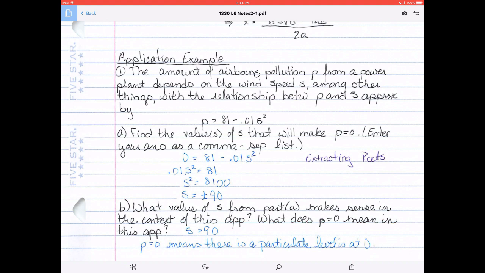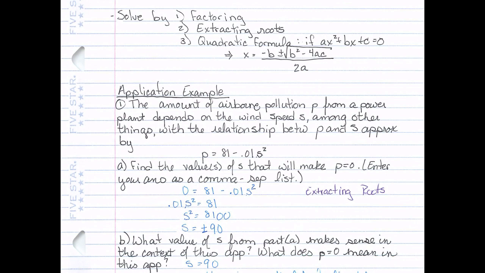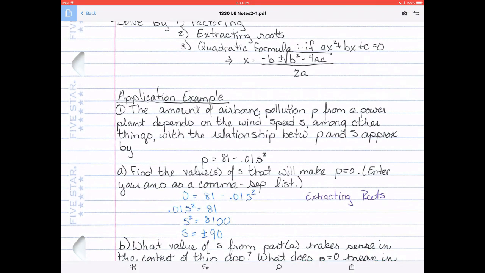Then I'm going to move the negative s squared over to the other side so that you have it positive.